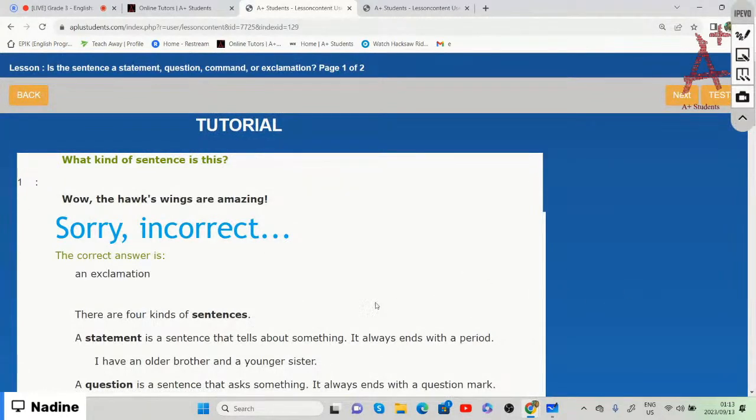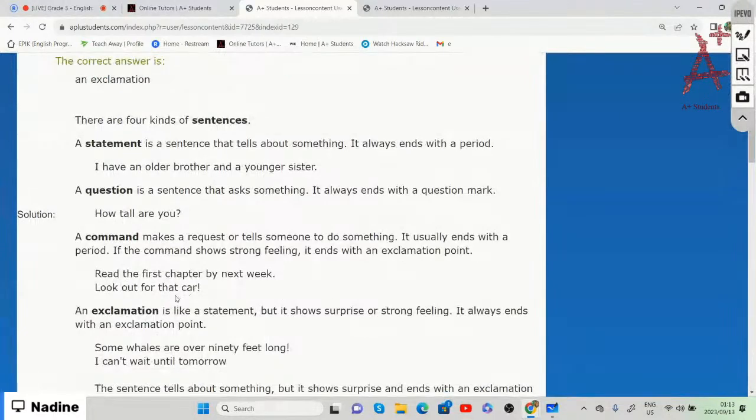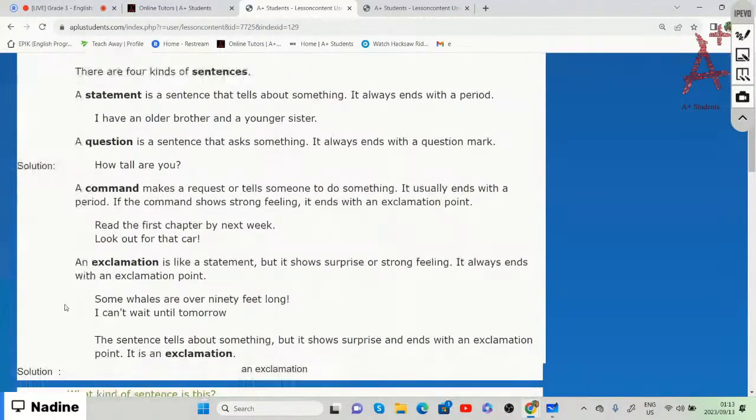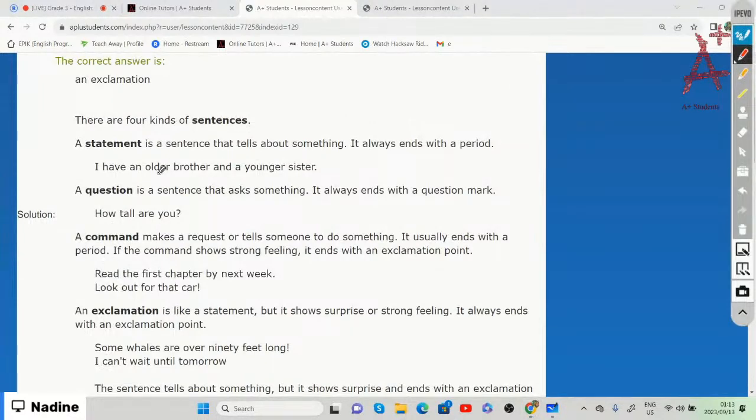So we already explained the different types of sentences, but we are going to go over it again. So there are four kinds of sentences. A statement.